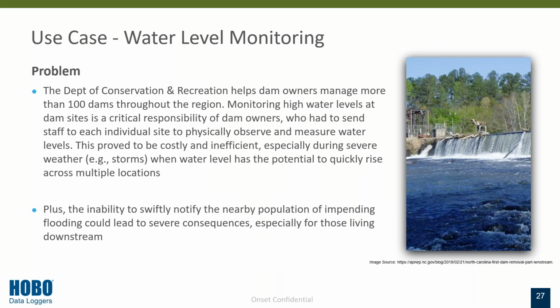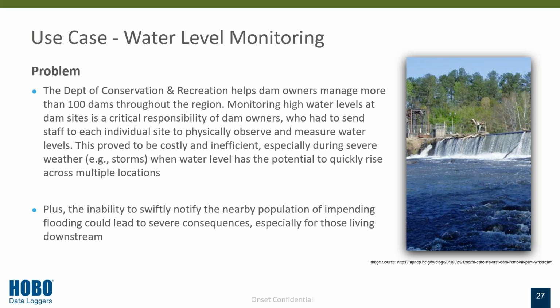Let's talk about a use case for water level monitoring. A problem here would be the Department of Conservation and Recreation. They help dam owners manage more than 100 dams throughout the region. So typically these dam owners would need to send somebody on site to collect water level readings, maybe during a storm or when water levels are set to rise.